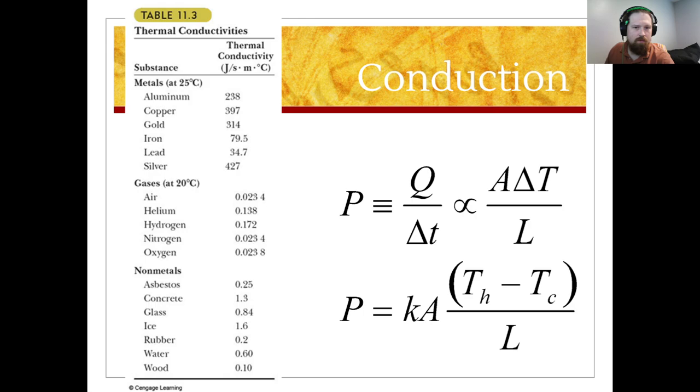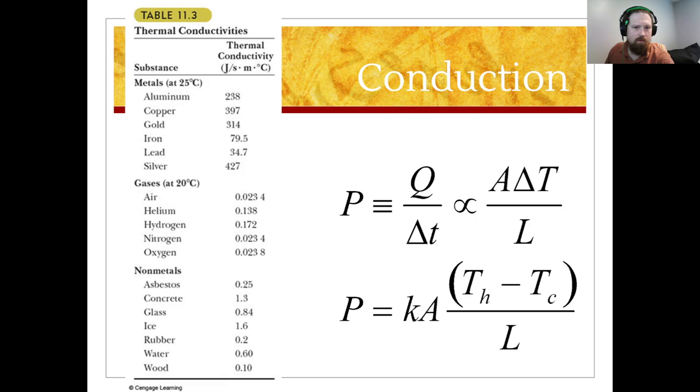This additionally means that if the two temperatures on either side of the wall were the same, say it was just a normal spring day and the house was 75 Fahrenheit inside and 75 Fahrenheit outside, then there's no temperature difference across the wall. And then there's going to be no heat flow through the wall, because heat always flows from hot to cold.